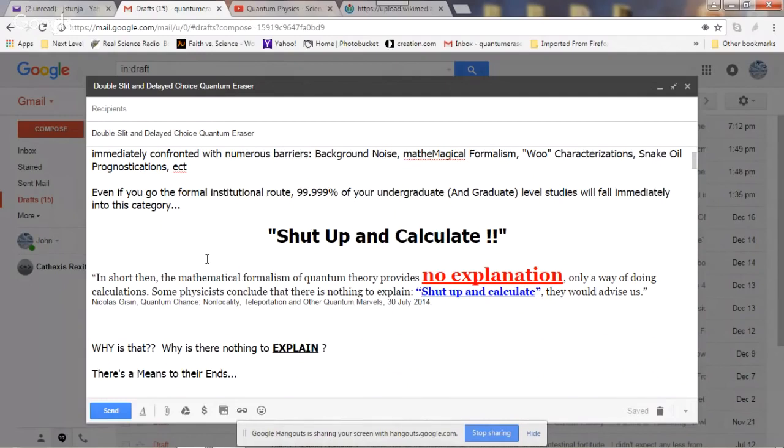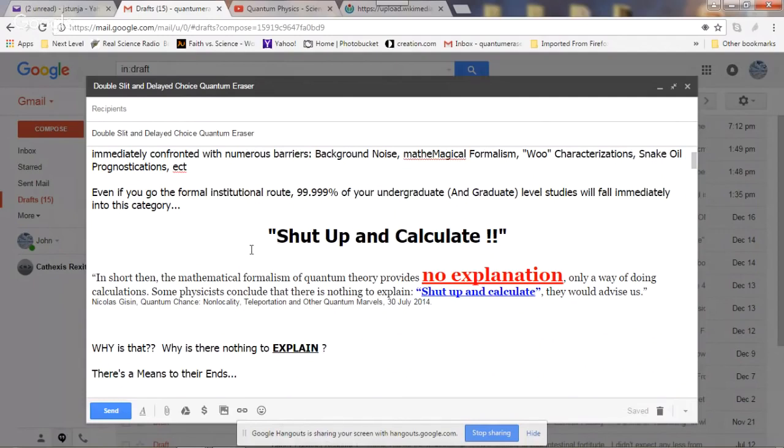Okay, even if you go the formal institutional route, at university, 99.999% of your undergraduate and graduate level studies will fall immediately into this core category: shut up and calculate. We've heard this term before. I think Richard Feynman was the first one to coin the phrase, but from Nicolas Gisin, a professor of physics at Geneva University: "In short, then, the mathematical formalism of quantum theory provides no explanation." Why? Well, we talked about this before.